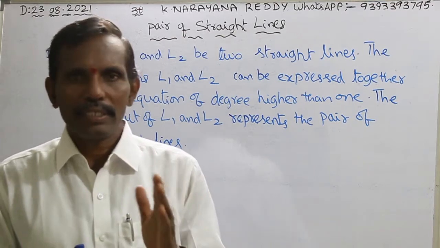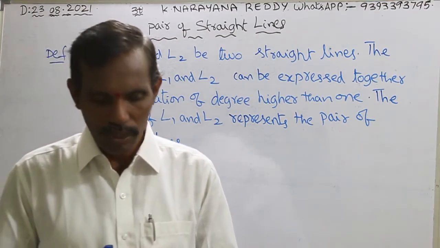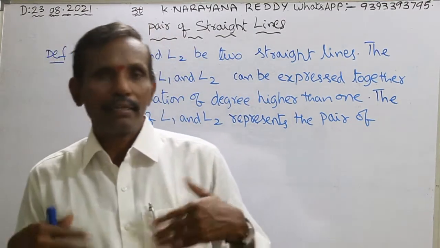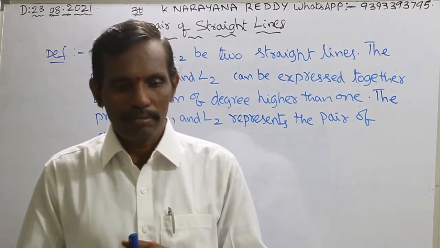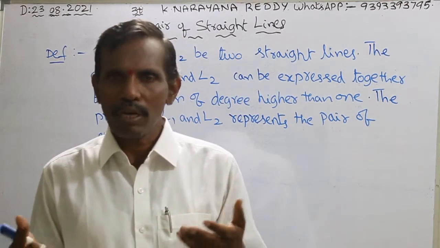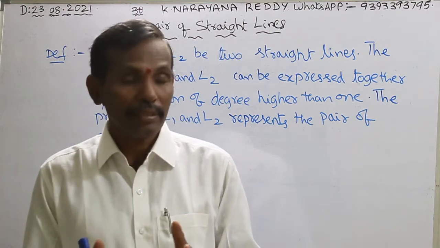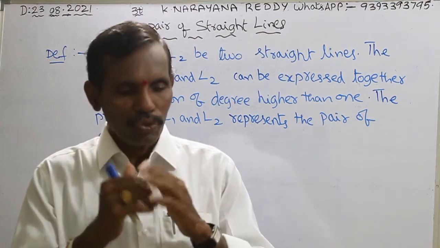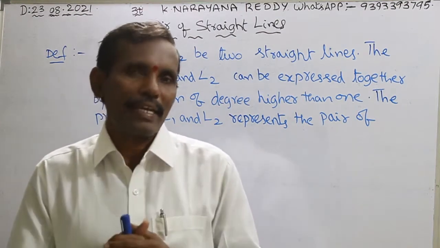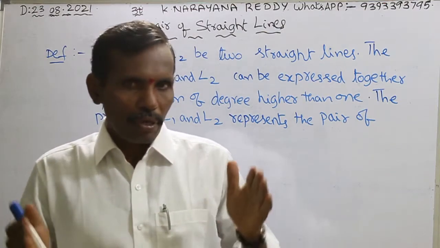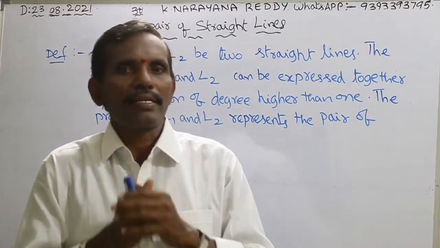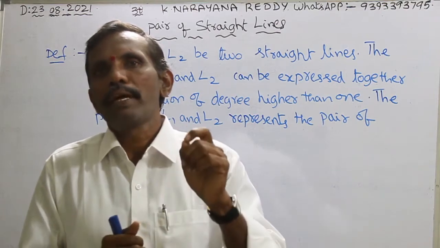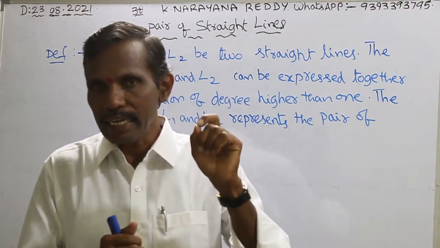ax plus by plus c equals 0 is a straight line. But take two lines L1 and L2, or AB or XY, whatever it is. The combination of these two straight lines, or the product of these two straight lines, is called a pair of straight lines of second degree.